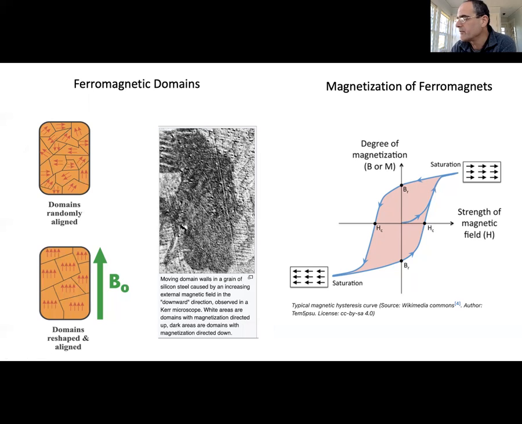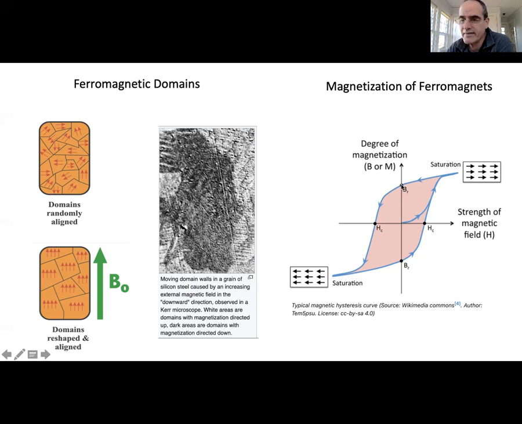But what's interesting is that if we remove the external field now, we'll follow this curve down like this. When we get to 0 external field, the material will remain magnetized in many cases. There's a remnant magnetization, here denoted B sub R. That's because the magnetization produces a strong field, which is causing the spins to continue to line up in that direction.